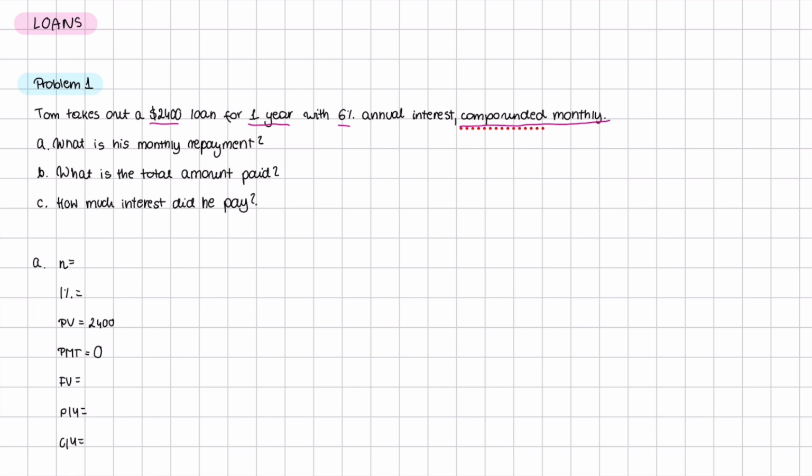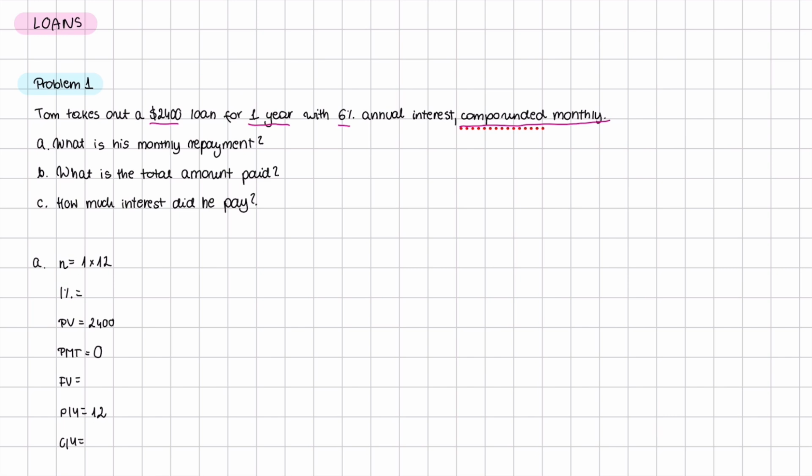So it's basically 2,400. We have a loan for 1 year, so our N is 1, but times 12, because we are looking for the monthly repayments. So also P/Y it's 12 because it's connected to our repayment or deposit periods.